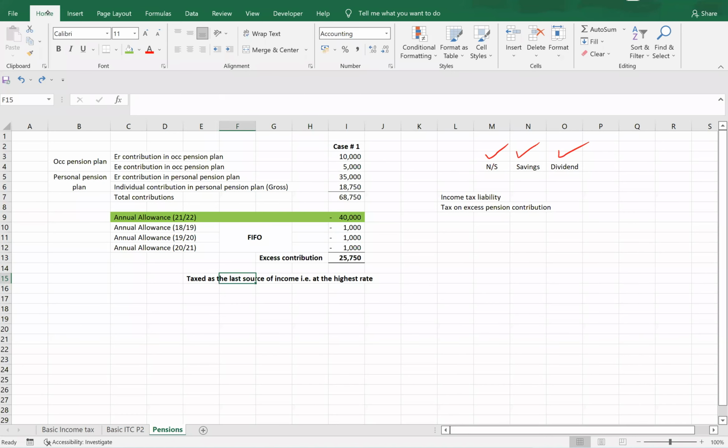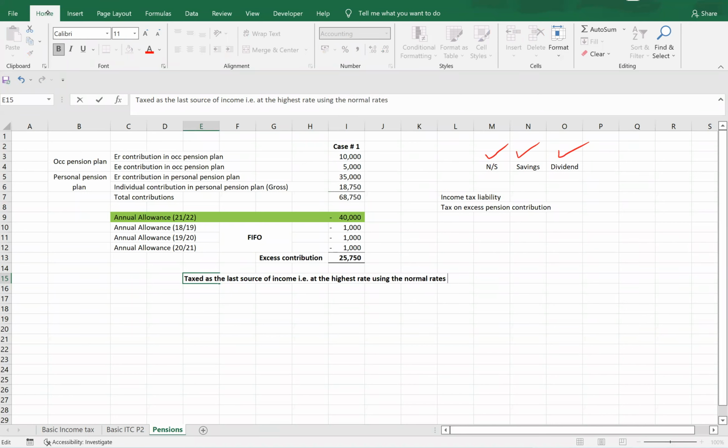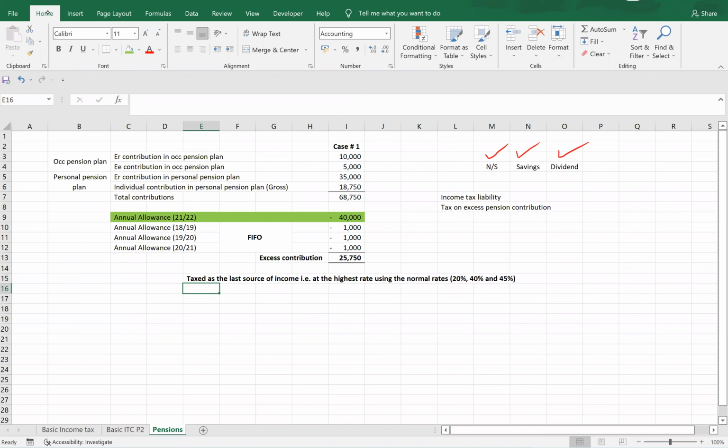Taxed as the last source of income at the highest rate, using the normal rates. So that is 20%, obviously 40% and 45%, depending on where it lies. Okay. So please take your notes on this. Note this down, and then we'll move on.